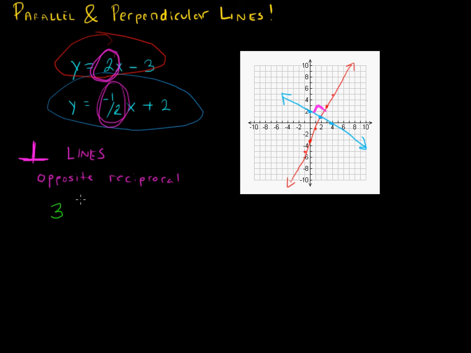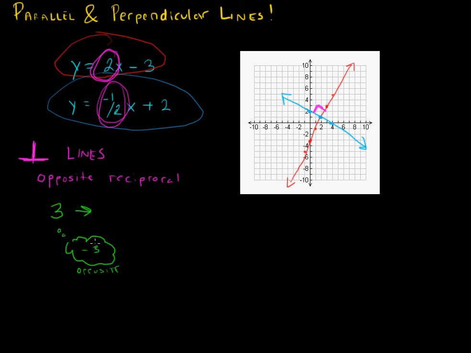Let's say I have a slope of 3, and I want a perpendicular slope to that. First I turn 3 into its opposite, which is negative 3. Then I want its reciprocal.